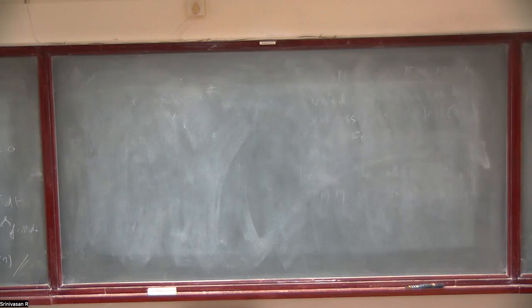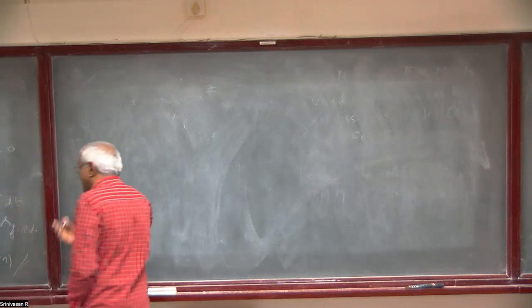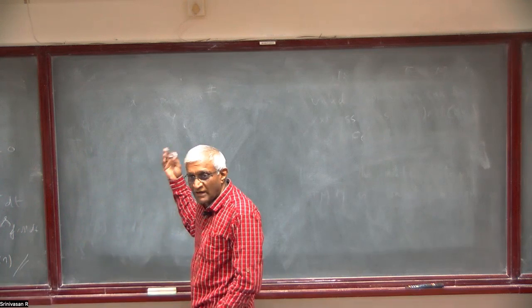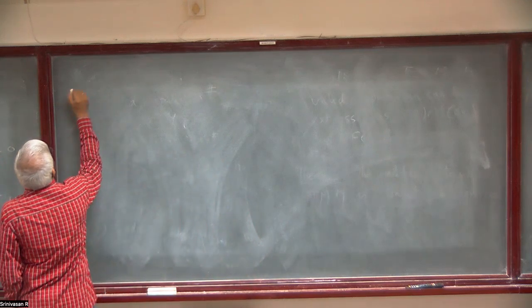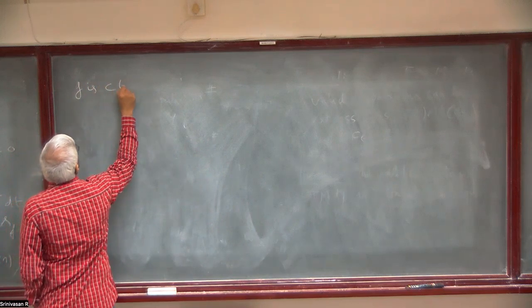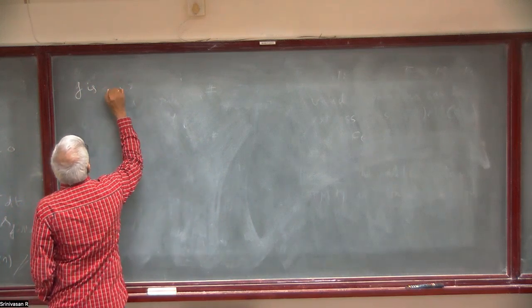Okay. So if it is differentiable and the derivative is continuous, you assume all the nice properties. Then f is continuously differentiable, f is in C1.